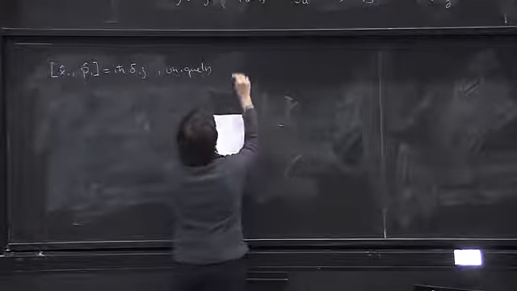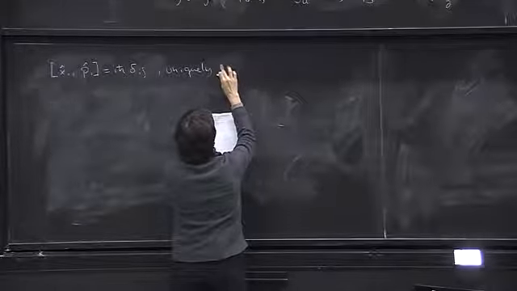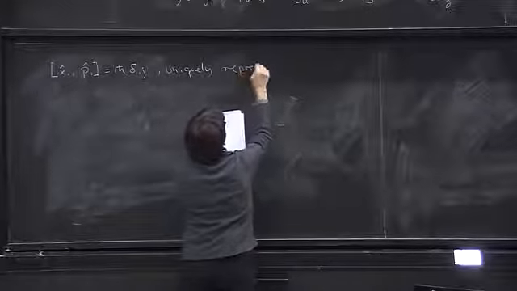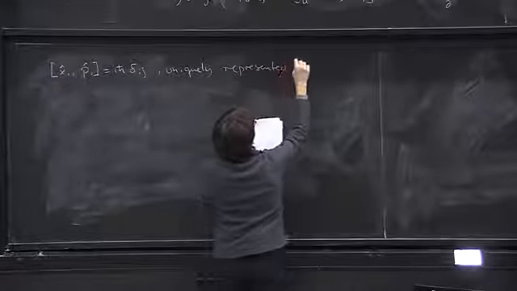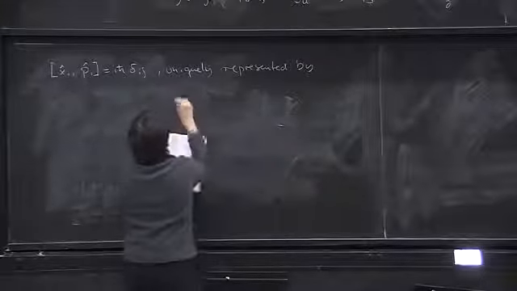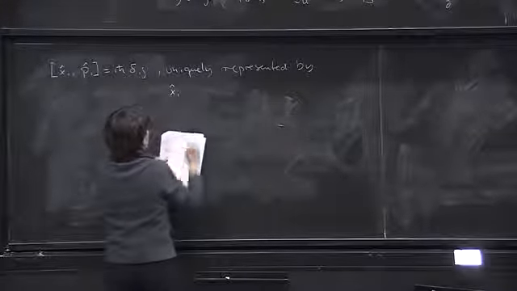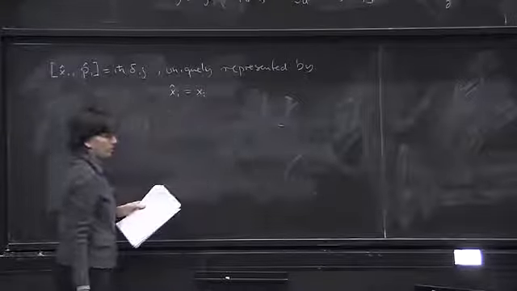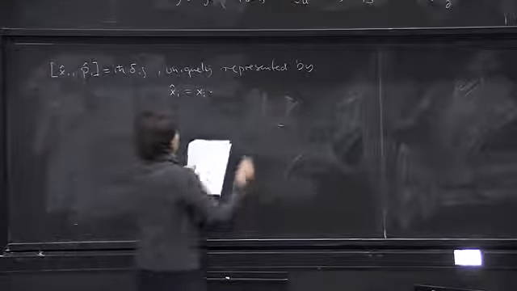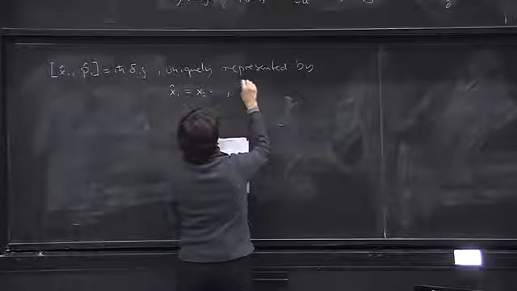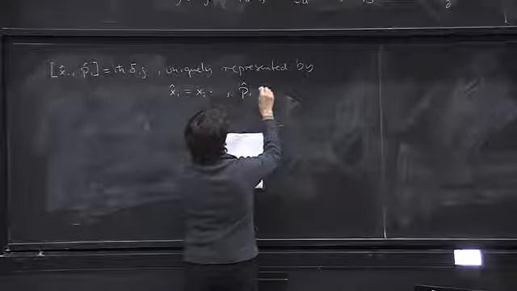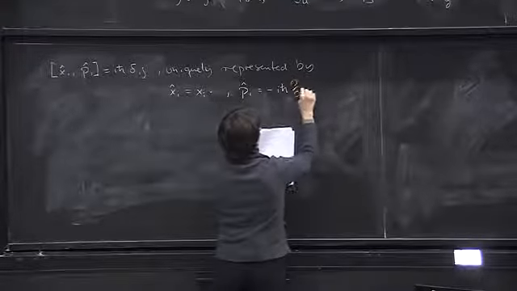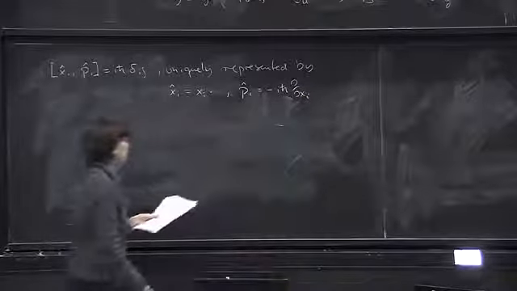And one way of writing it is as a standard Schrödinger type representation, where x_i hat becomes multiplication by x_i. Let me write it like this, you know what I mean. p_i hat is represented by a partial derivative, minus i h bar d by d x_i.